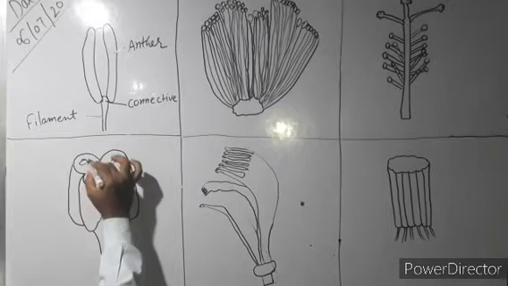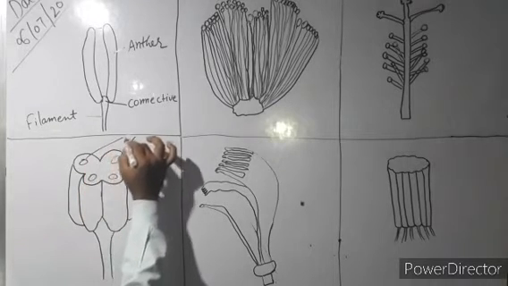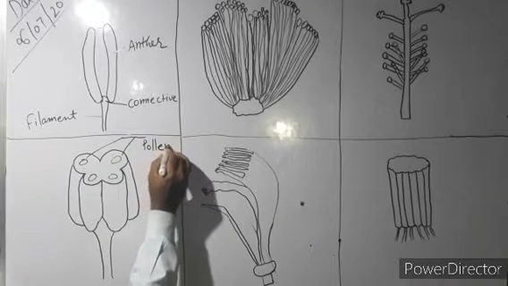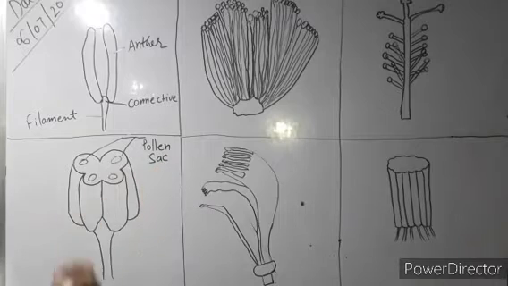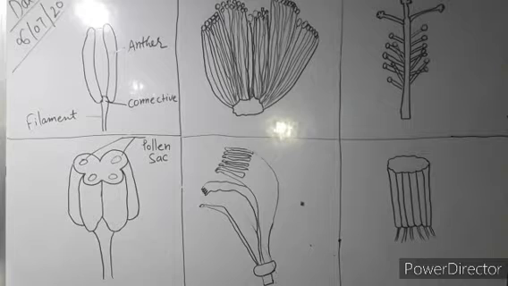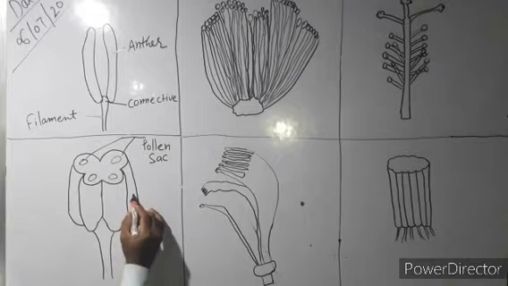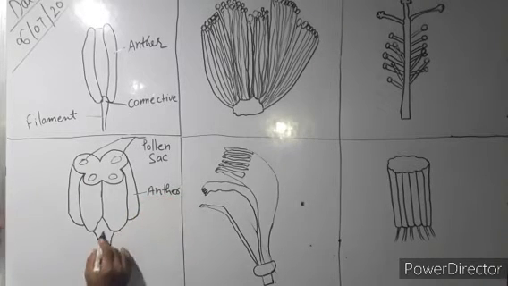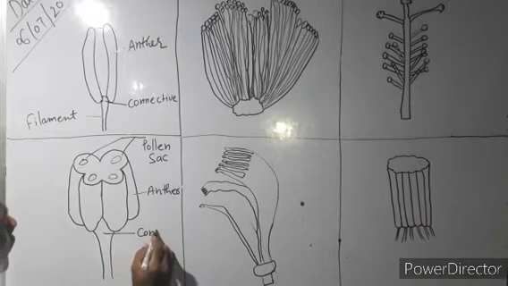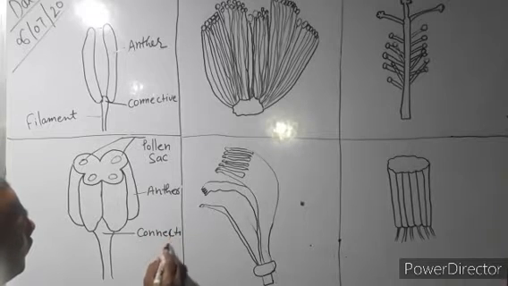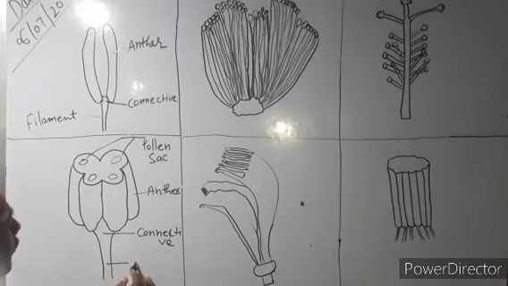You can see here the two pollen sacs, and the same structures are there in the other lobe, along with the anther, connective, and filament.